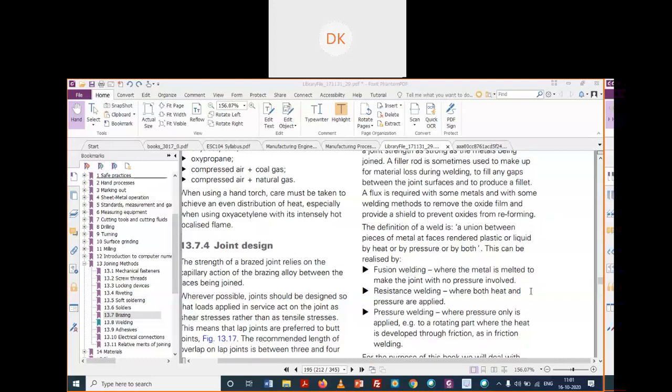For a welding process to join the material, I'm writing the question.